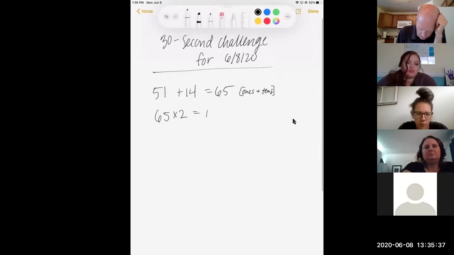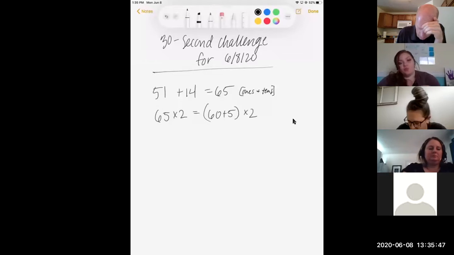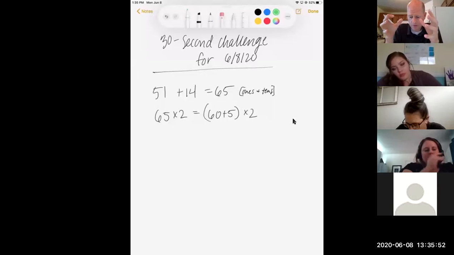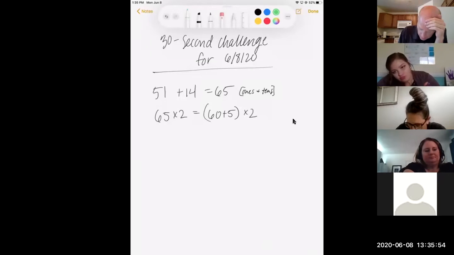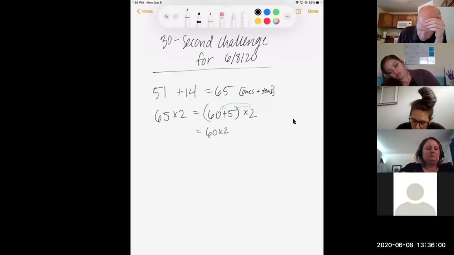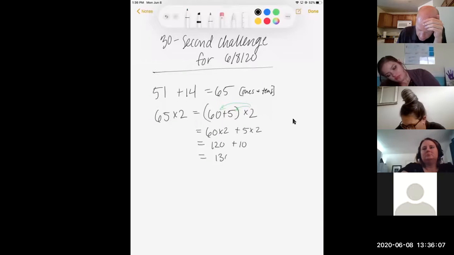Great. Now, what you've done is you've broken up the 65 into easier parts to multiply by 2. And this can be done by using the distributive property. So to do mental math, you break up numbers into easier parts. So I can do 2 times 60 and 2 times 5. That's equal to 60 times 2 plus 5 times 2. And she said it was 120 plus 10, and the answer is 130.